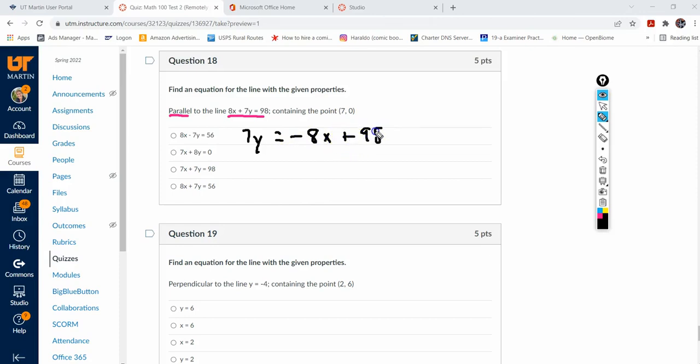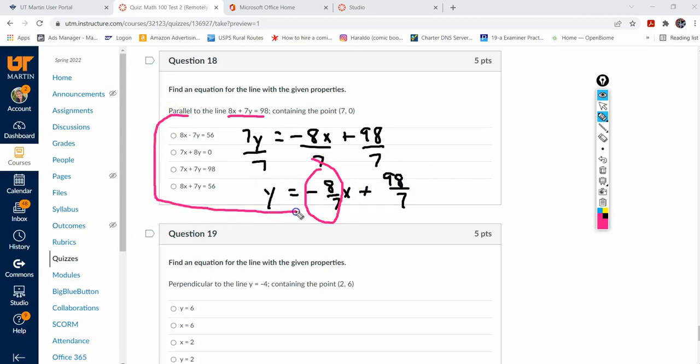And then I'm going to divide everything by 7. So if it's parallel, then it has to have the same slope. That is the slope, and if it's parallel, they must have the same slope.